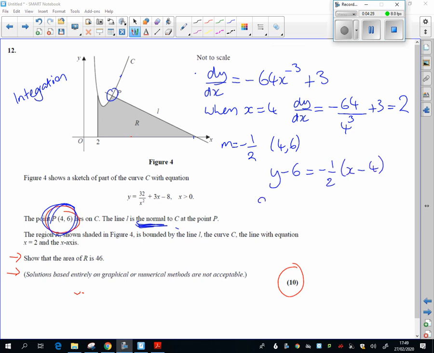I would multiply up by the 2 and then multiply the brackets through by the negative 1 and then end up with 2y. Doesn't really matter what form I have this in, so let's just say 2y minus 16 equals x. Well, what am I actually looking for there?